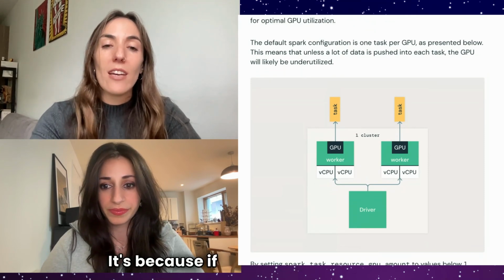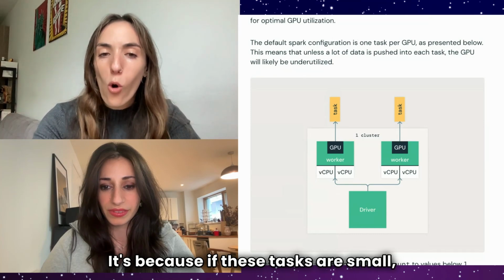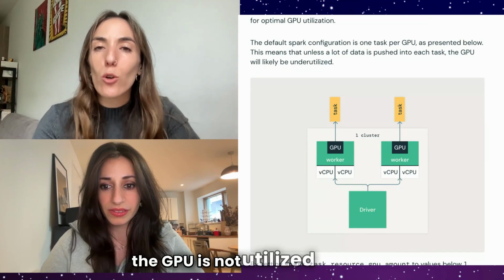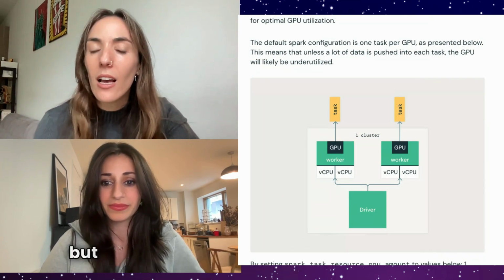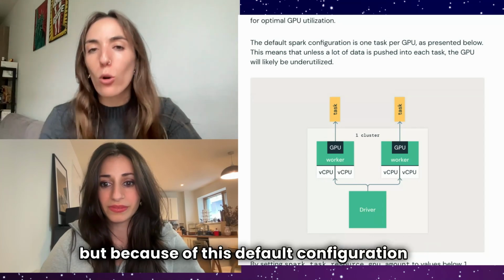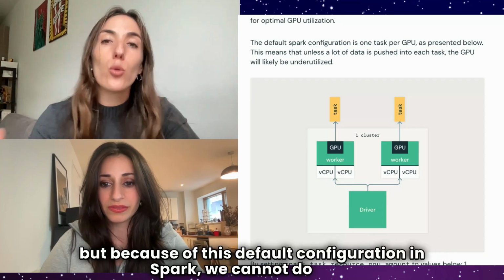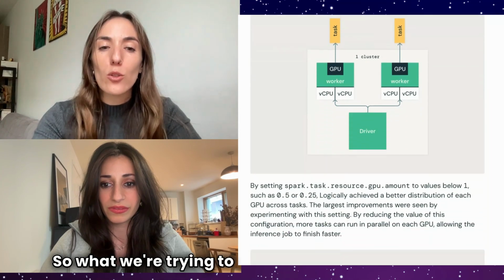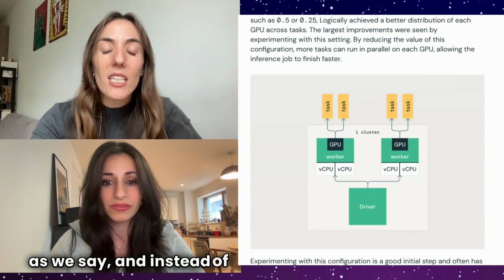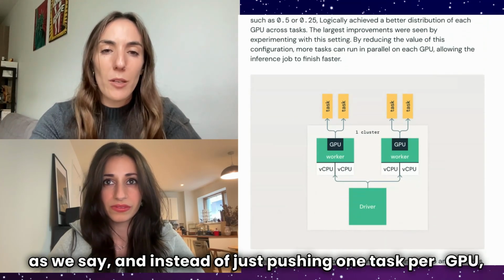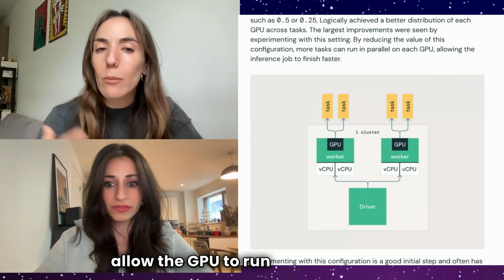Because if these tasks are small, then the GPU is not utilized enough. It could run multiple more tasks in parallel, but because of this default configuration of Spark, we cannot do that. So what we're trying to do here is fraction this GPU, as we say, and instead of just pushing one task per GPU, allow the GPU to run multiple tasks.